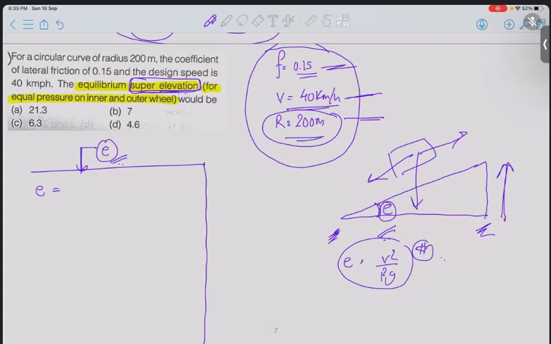Now, when we are doing the design of our super elevation for our embankment or horizontal curve, first step, you calculate your E for 75% of the design speed.